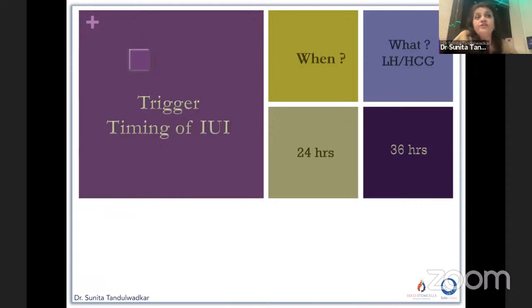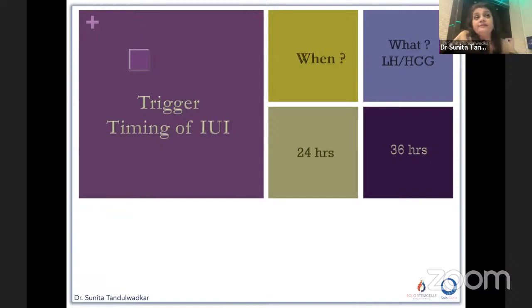And that's why we do one at 24 hours, to catch up anyone who has ruptured in 30 hours of ovulation. We catch them by doing next day at 2 o'clock or 3 o'clock the first IUI.